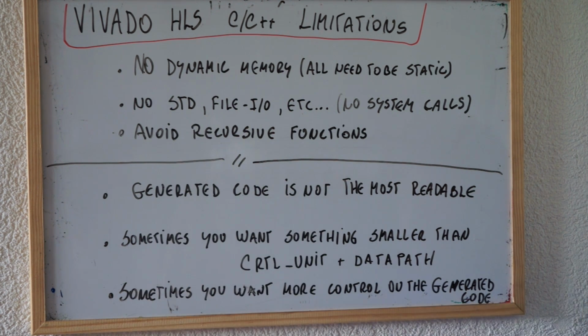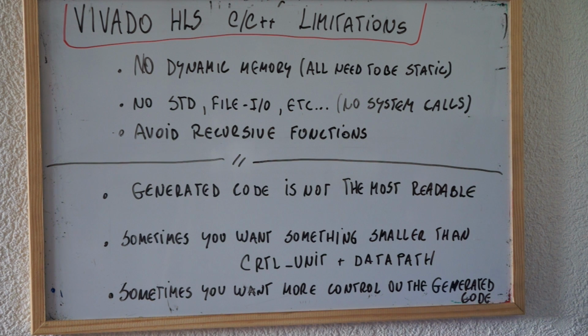There are some other, more generic limitations, when maybe Vivado HLS is not the best tool for doing the job. In a lot of cases it is, but sometimes not. It's not a single hammer for everything. The generated code is not the most readable.